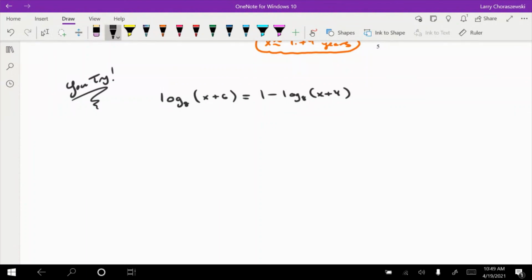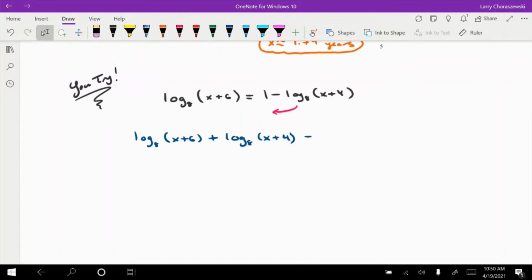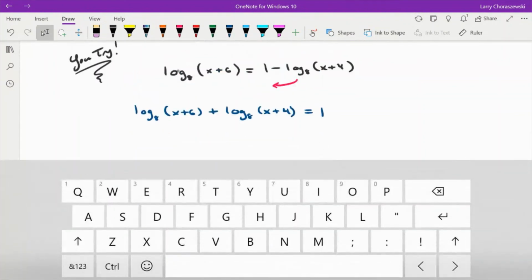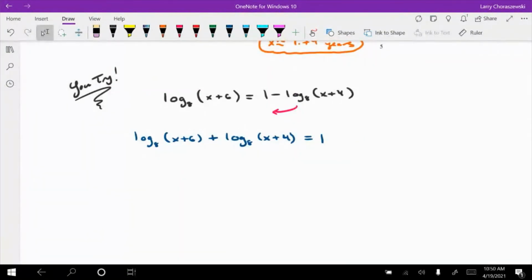All right, I'm going to start writing out my solution. Let me know if you have any questions along the way. I first started out by adding the log base 8 on the right over to the left. So it becomes plus log base 8 of x plus 4 when it goes on the left, and then 1 on the right. These are two log base 8s now being added together, so we can condense that into a single log.